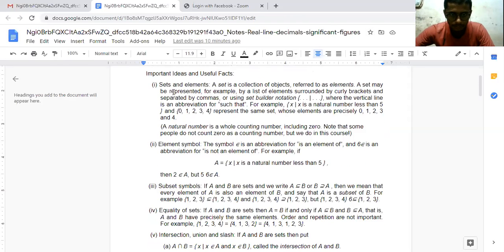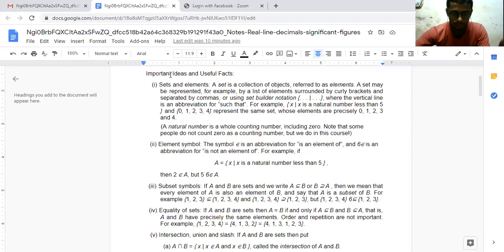Sets and elements. What a set actually means is a set of bottles, a set of glasses, a dinner set, which has certain elements in it.